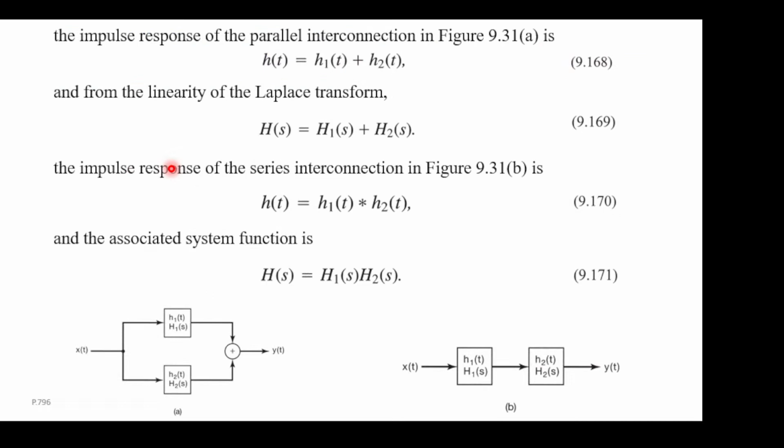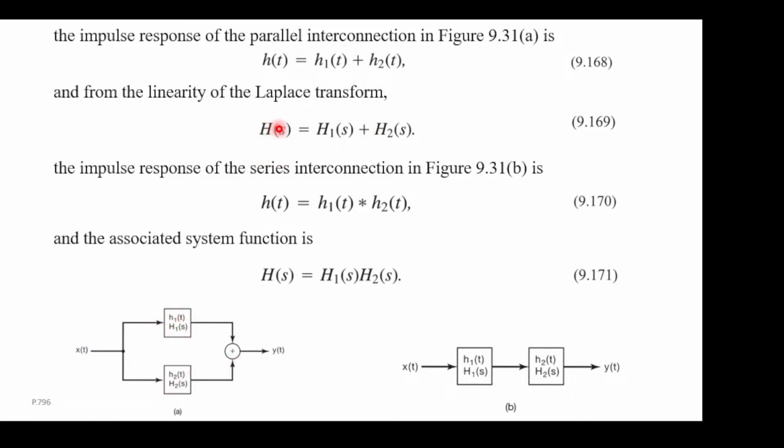And well, in terms of big H, the block diagram, remember we are interconnecting them with parallel and serial. And in terms of Laplace transform, it has nice properties. Say it's a parallel connection: the output should be a summation of those two.